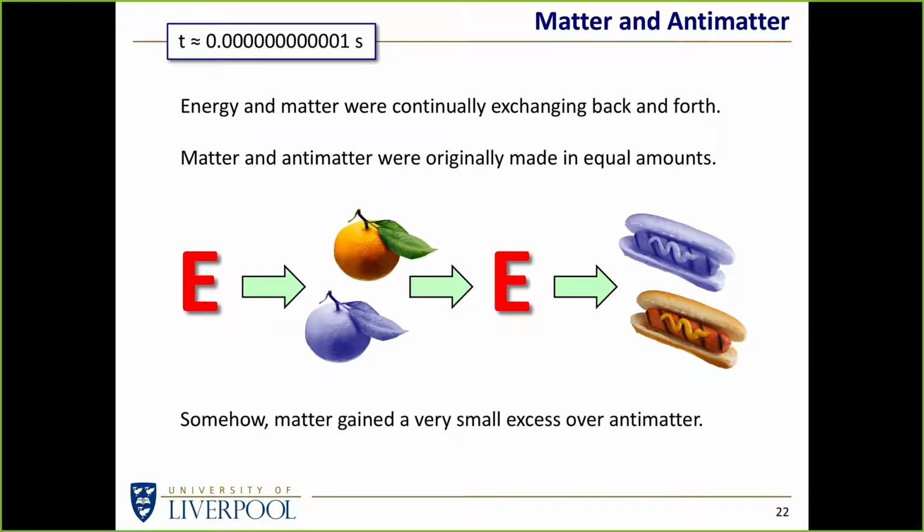But one of the key observations is that somehow something must have happened back in this very early stage of the universe, because for reasons we don't quite understand at the moment, although you might expect matter and antimatter to be made in the same quantity, somehow matter gained an excess over antimatter.